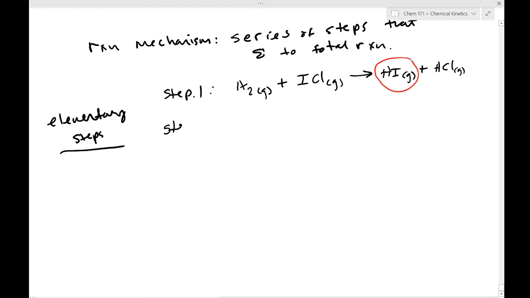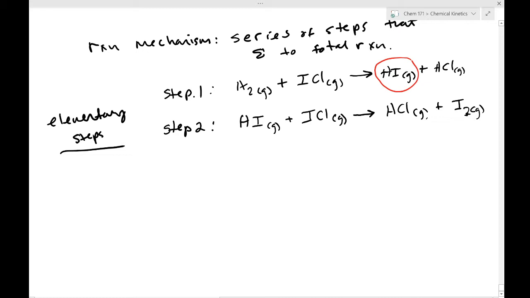Then there's a second step where hydroiodic acid reacts with another iodine monochloride molecule to form another hydrochloric acid molecule plus an iodine gas molecule.